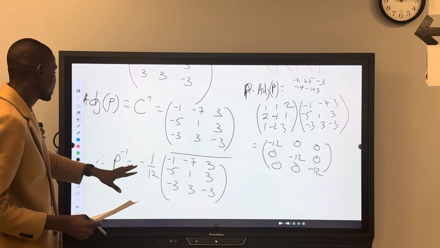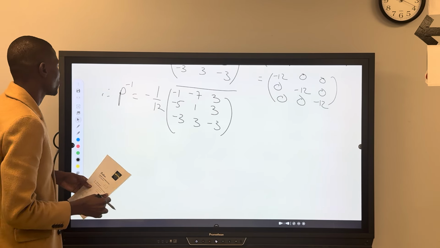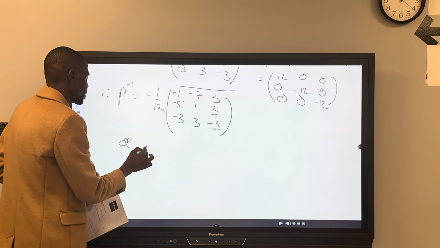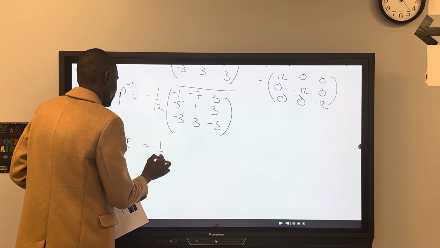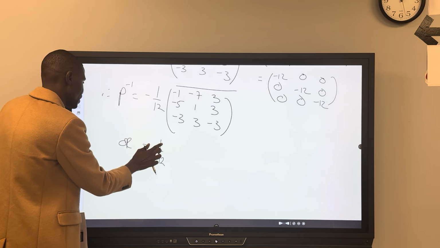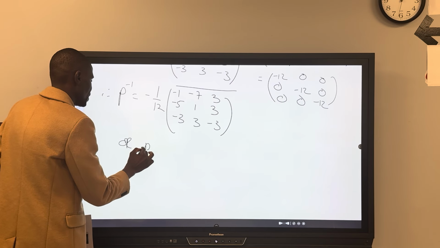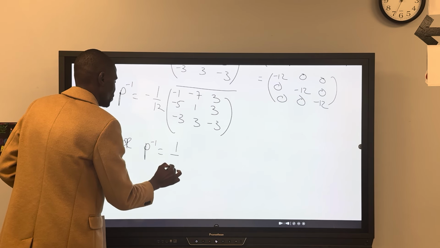So you can either leave it like that, or, normally I prefer to make it positive, or you can just say it's 1 over 12. So P inverse is equal to 1 over positive 12.